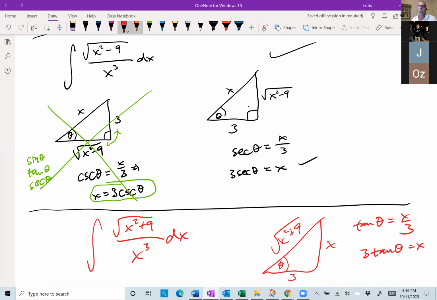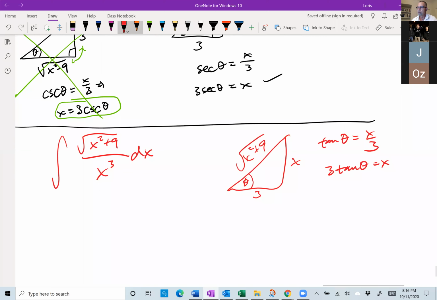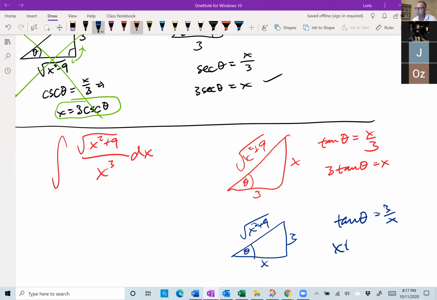Now, there's no problem in you picking the wrong sides. Say you picked this instead: square root x squared plus 9, with 3 and x, and here's theta. Then tangent theta is 3 over x. X tangent theta is 3.